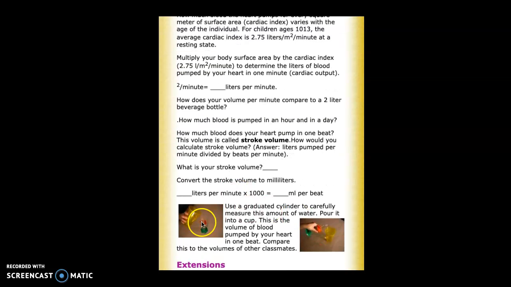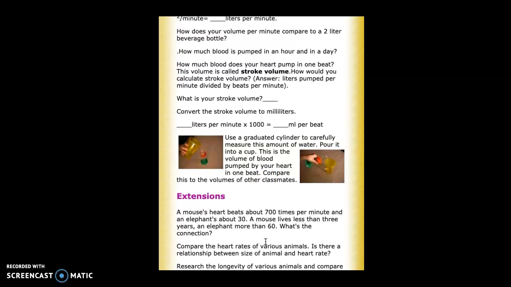And it has you measure it out in a graduated cylinder and pour it into a cup. And you may not have that at home, so maybe you can't do it. I don't have a graduated cylinder at my house either, so I wouldn't be able to do that either. I will tell you that it should be poured out into a little cup if you were able to, and the number should be anywhere from, let's say, 40 milliliters to maybe 100 milliliters.